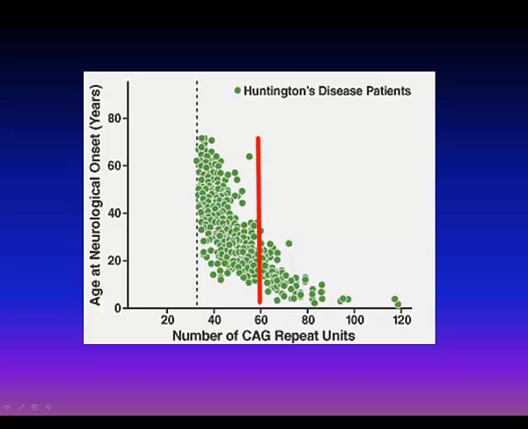Remember, this is a dominant condition. When they have more than 60 repeats on even one chromosome, the age of onset is under 20 years old. You'll also notice that individuals with less than 35 or so repeats are not included in the Huntington's disease patient pool, because those individuals are normal and don't have the disease phenotype.